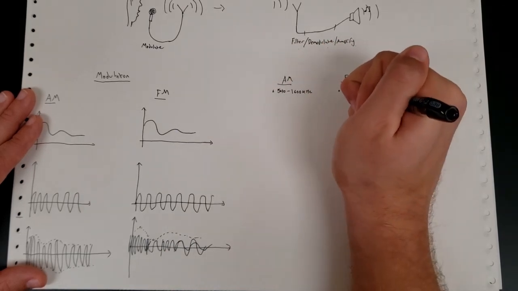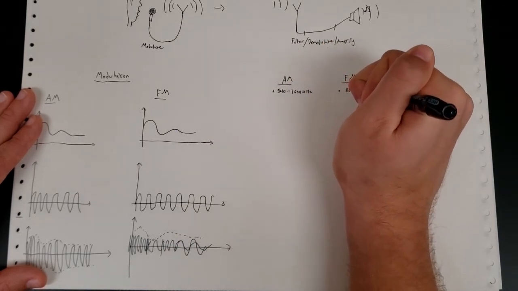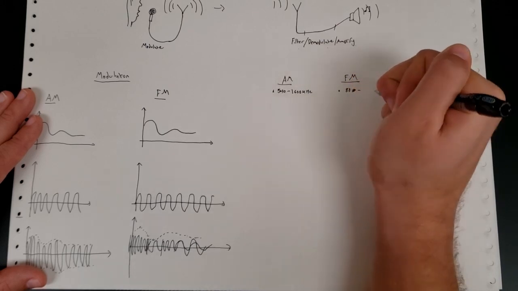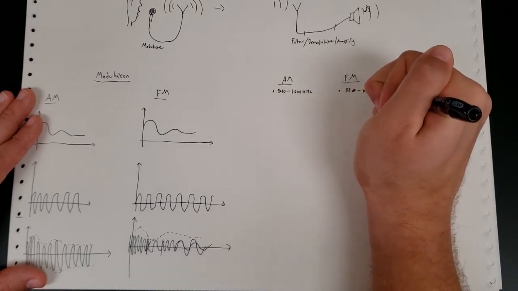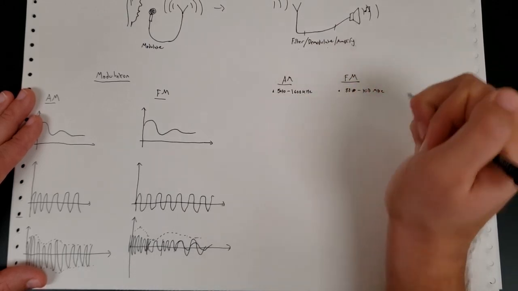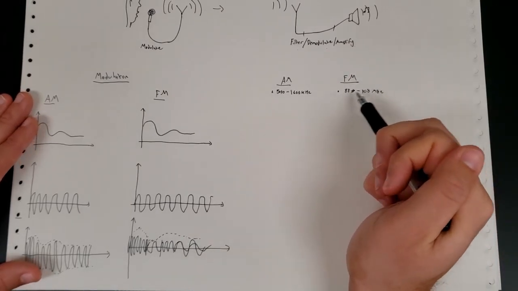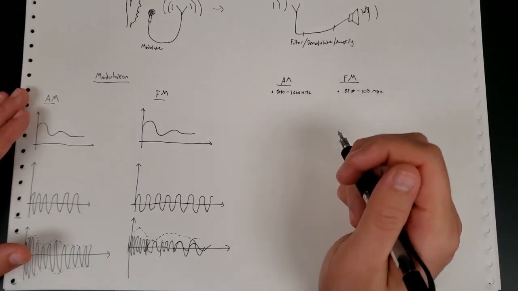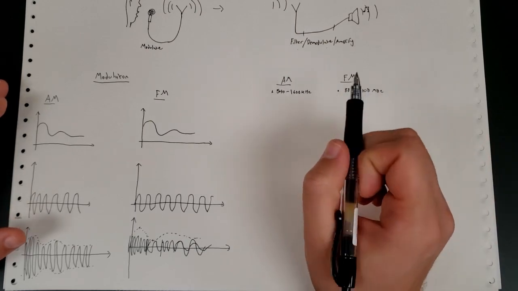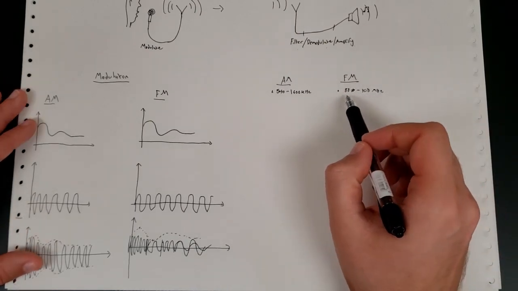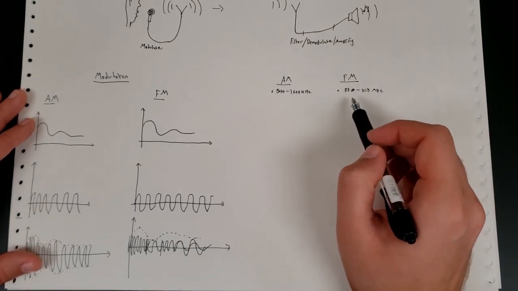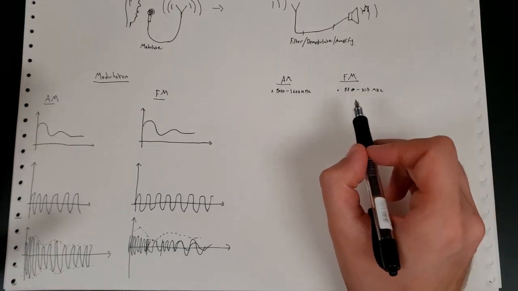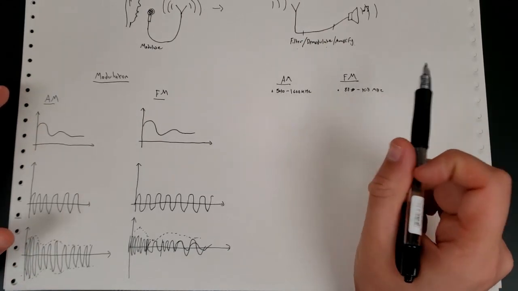And then for FM, we go from 88 to 108 megahertz. So FM broadcasts over a much larger range than AM does. That's because, as we'll see in a second, FM has a much larger bandwidth, meaning we need a lot more space between our radio stations than we do for AM.